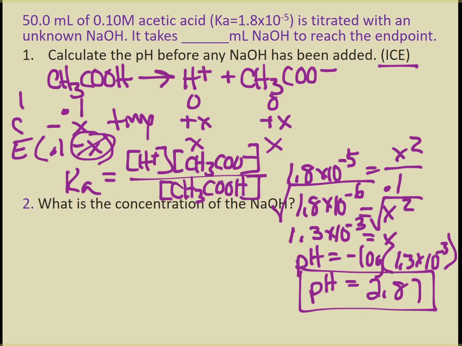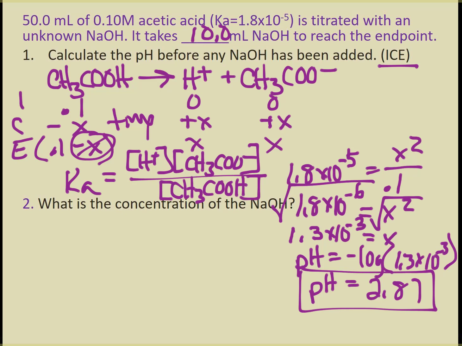Now this says what is the concentration of the NaOH. So for this, we would do this titration, and let's say we end up getting 10 milliliters in this titration. I'm just making this up because I'm not actually doing it. But it says what is the concentration of the NaOH.